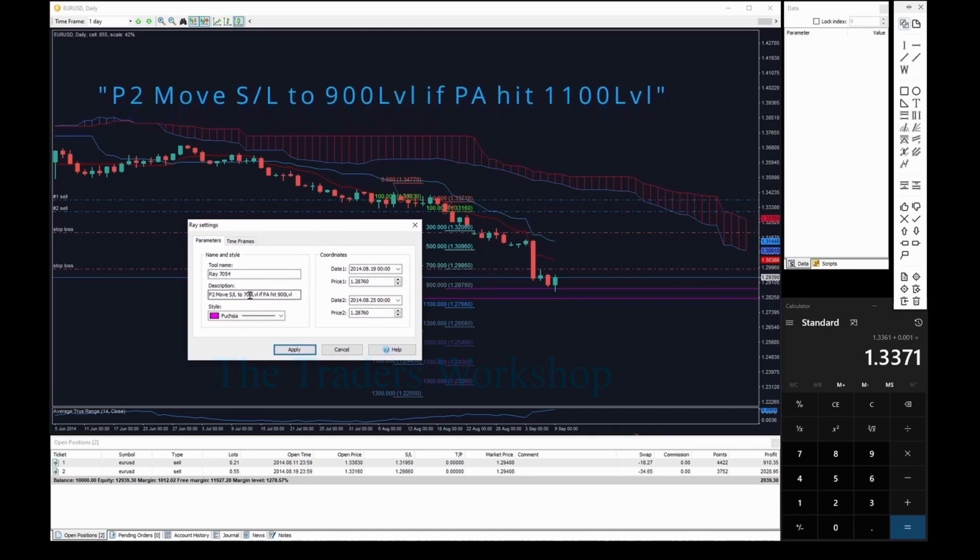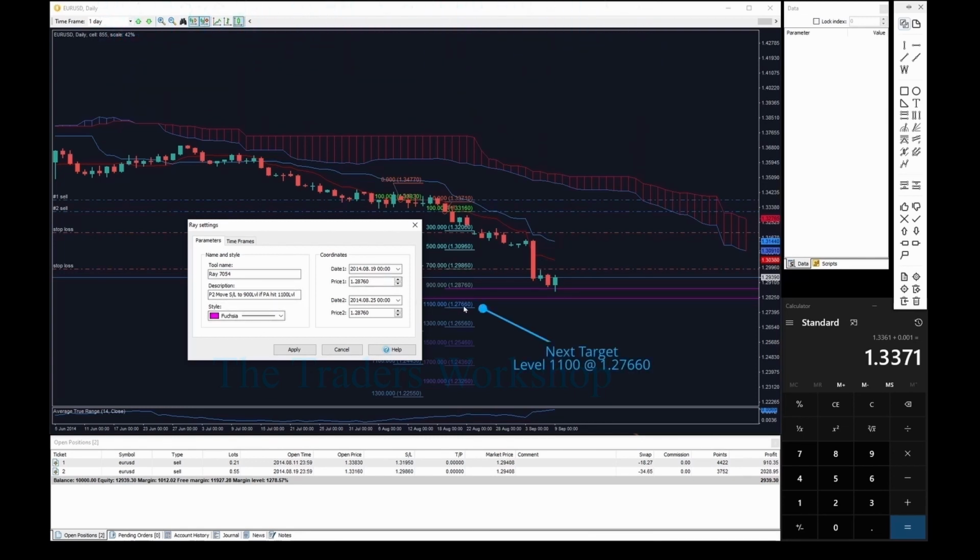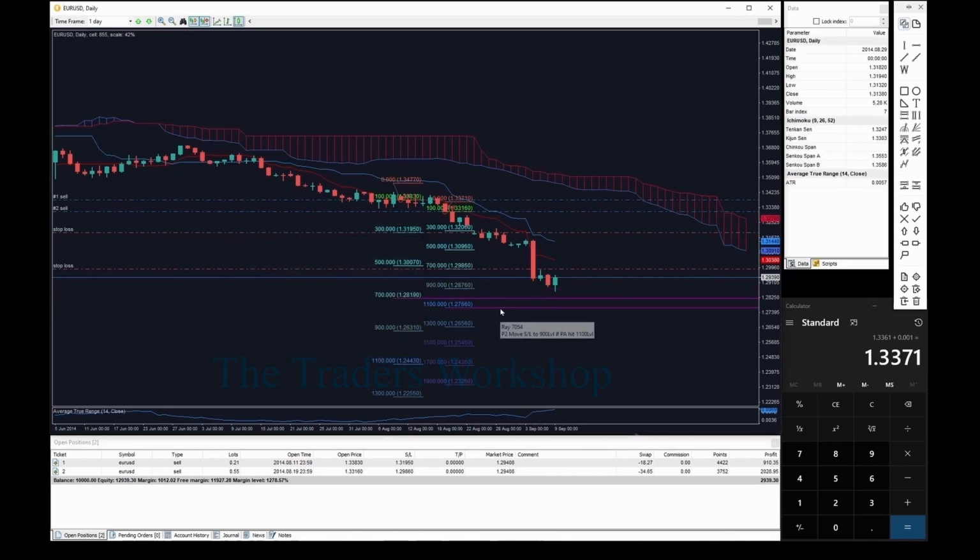The new description should be: for position 2, move the stop loss to level 900 if the price action hit level 1100. And the next price level should be at level 1100. The price of level 1100 at 1.27660. The same goes for price 2. Let's continue with our trade.